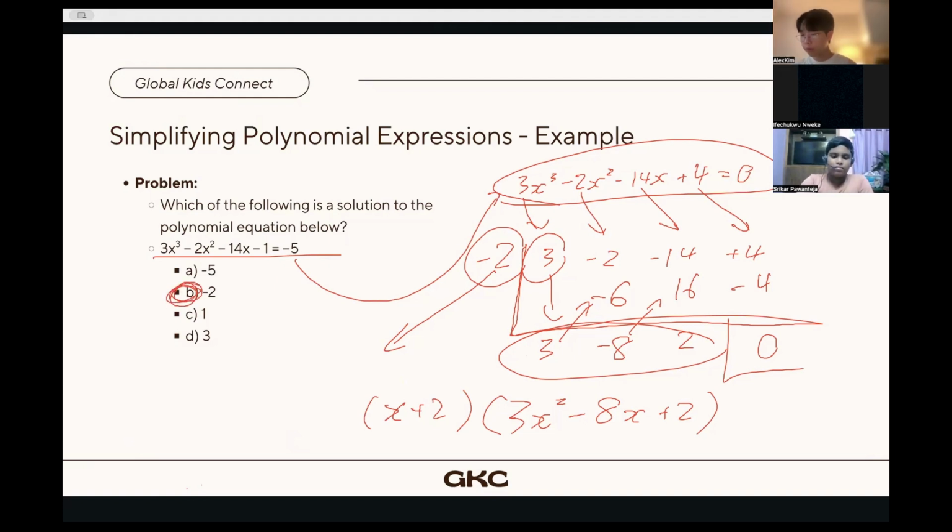But then we can further check the remaining quadratic function to see if that also has a solution that is listed within our answer choices. If we were to do that, you can utilize, if you remember our previous topics and our previous class, the quadratic solution formula.